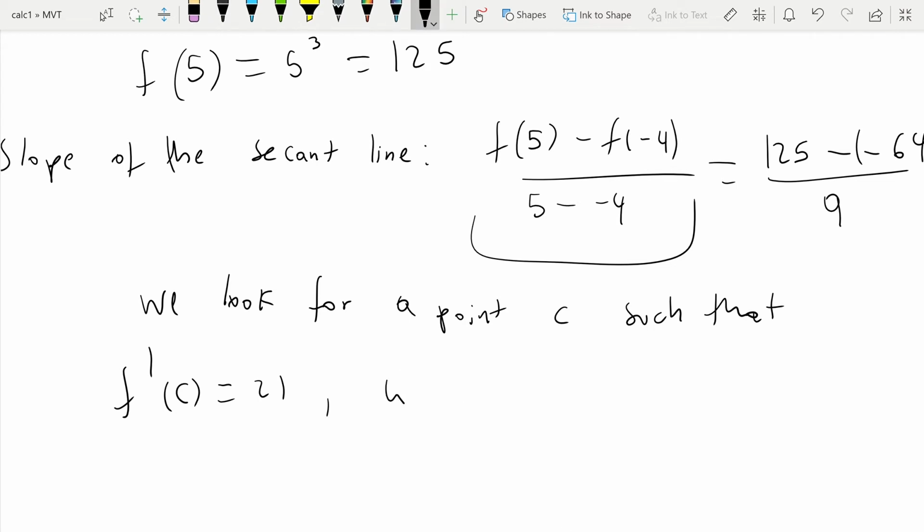Remember that the conclusion of the theorem tells you that you must be able to find at least one point inside the interval. So c has to be in (a, b), which in this case is (-4, 5), in the interior.